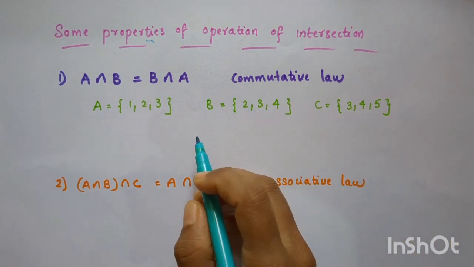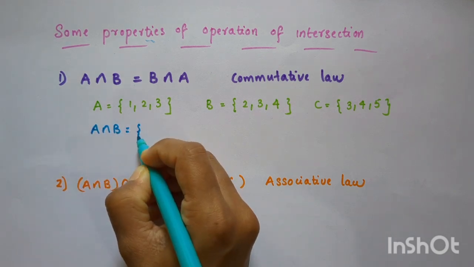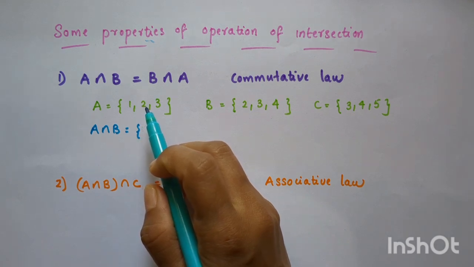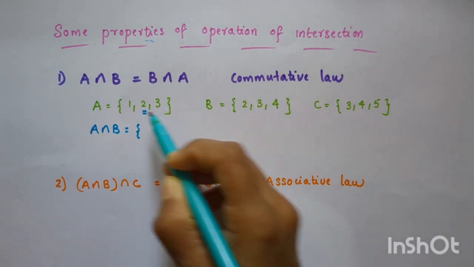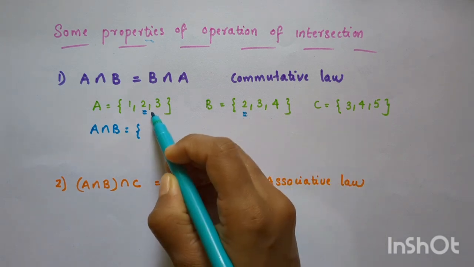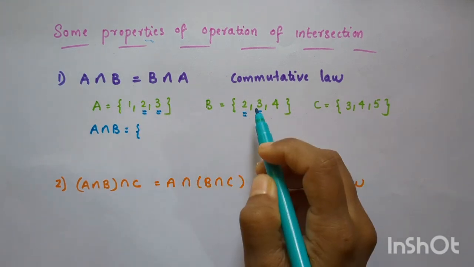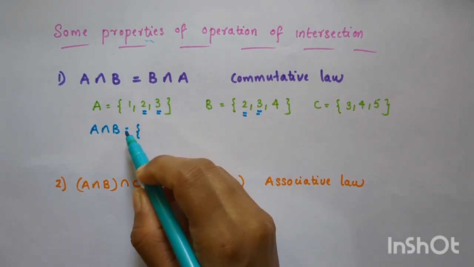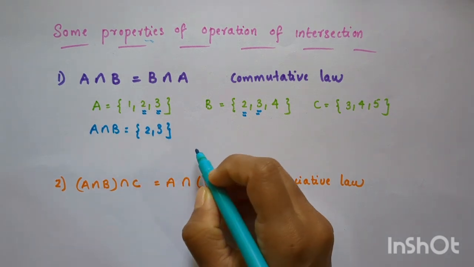Here, if you find A intersection B, this will be equal to what? You have to consider the elements which belong to both A and B. So here you see 2 is common in both A and B, 3 is common in both A and B. 1 is not common in both, 4 is not common in both. So A intersection B will have elements 2 and 3 only.